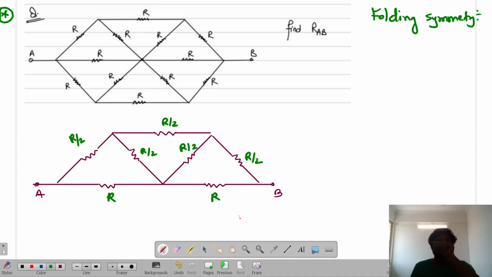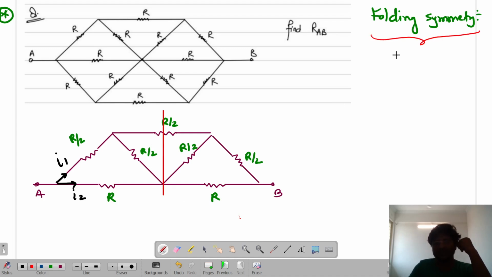Now you can see what is happening. This is current I1, I2, and once again over here, along the line of the perpendicular bisector. Along this perpendicular bisector line, the resistances are similar or not.